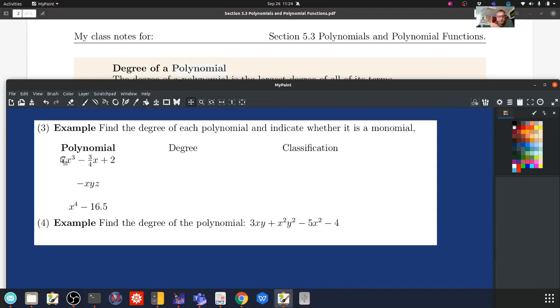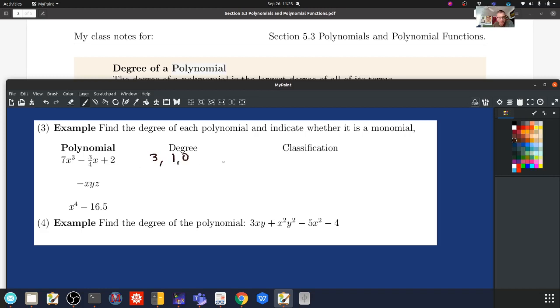So let's do these. Let's just do the degree of each one of the terms. So 7x cubed has degree 3, minus 3/4 x has degree 1, and 2 has degree 0.